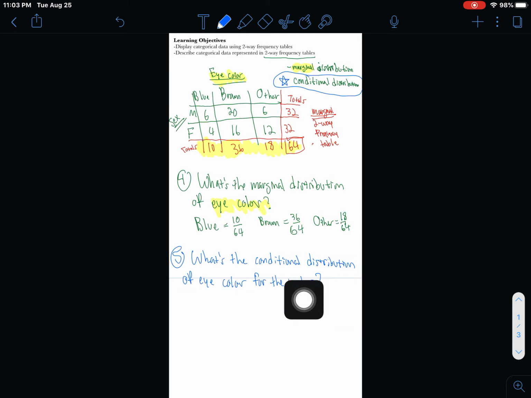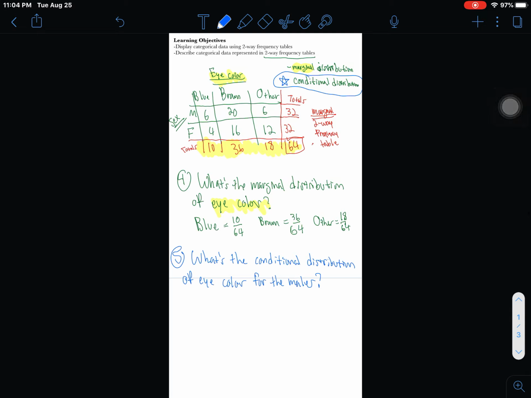So for the males, that tells you what we want to be looking at. We want to be looking at all the males. And if I look at the males going across, well, we had 6 males with blue eyes, we had 20 males with brown eyes, and 6 males with other colored eyes. And that's really all you're going to have to put down.